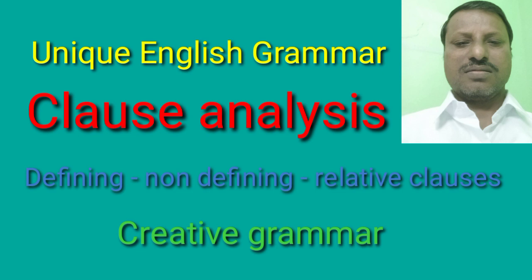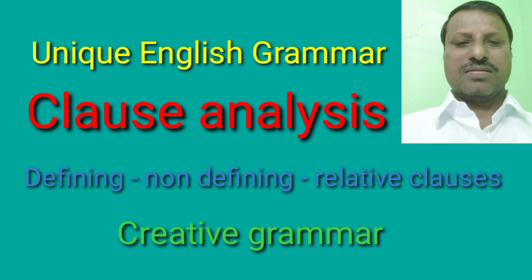And another example, the fruits which are kept in a basket are spoiled. In the sentence, which are kept in a basket is a defining relative clause. It refers that all fruits are not spoiled. Only the fruits which are kept in a basket are spoiled.